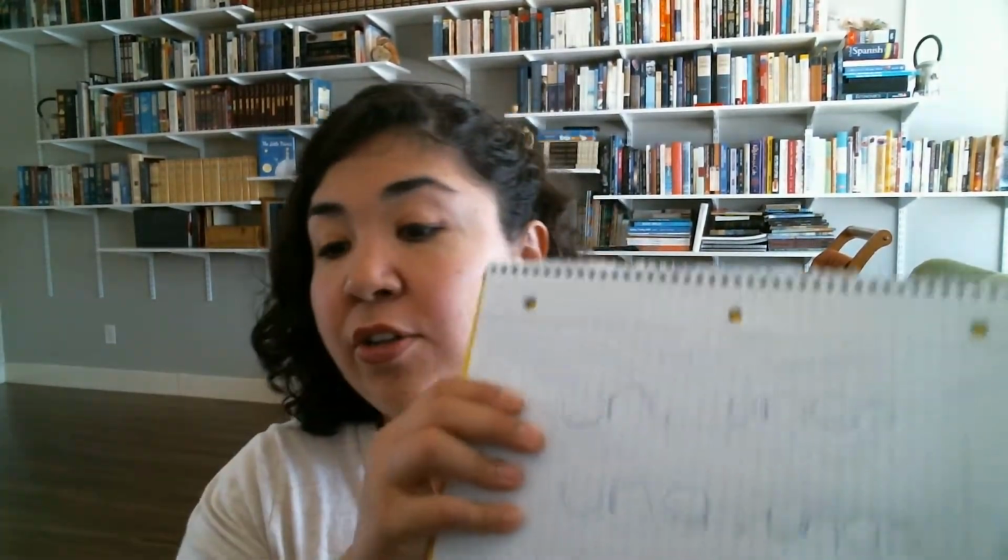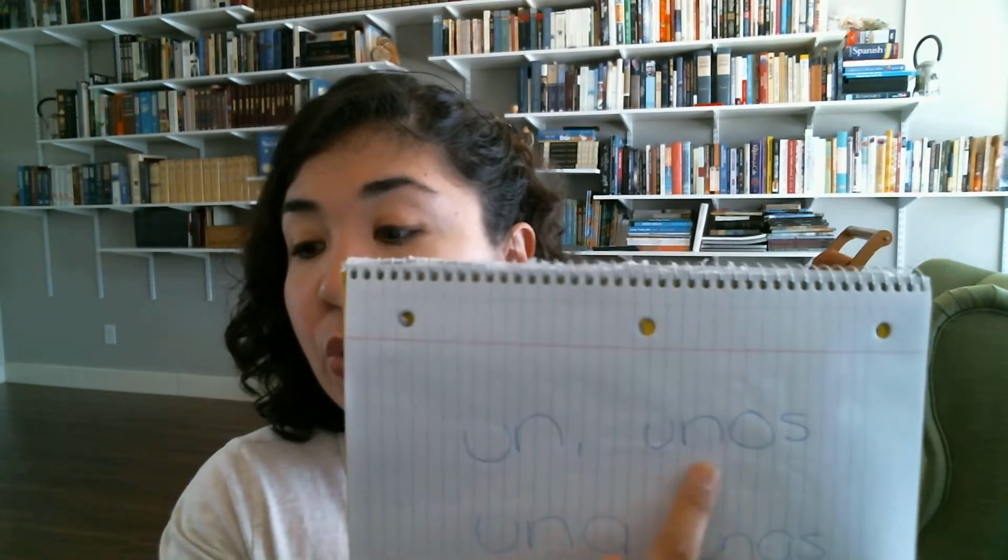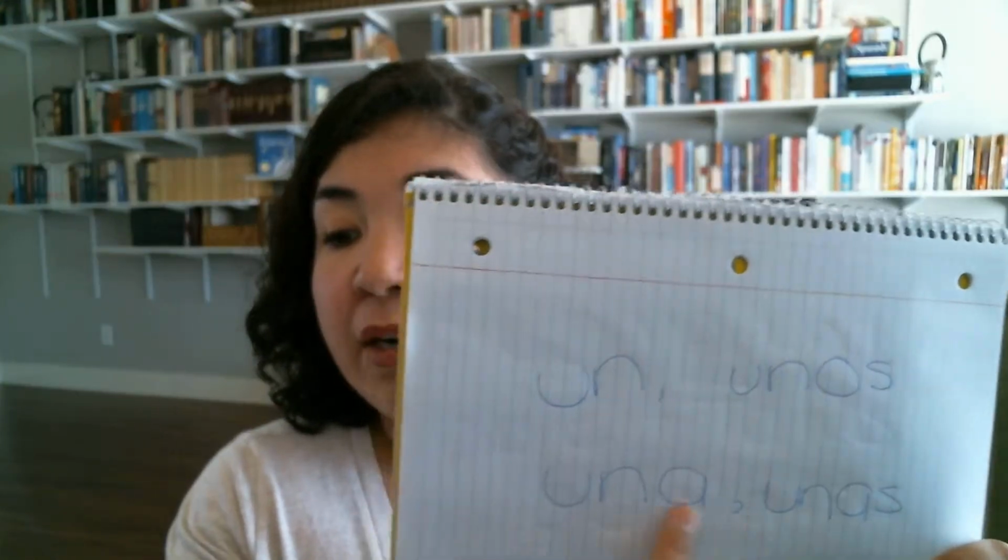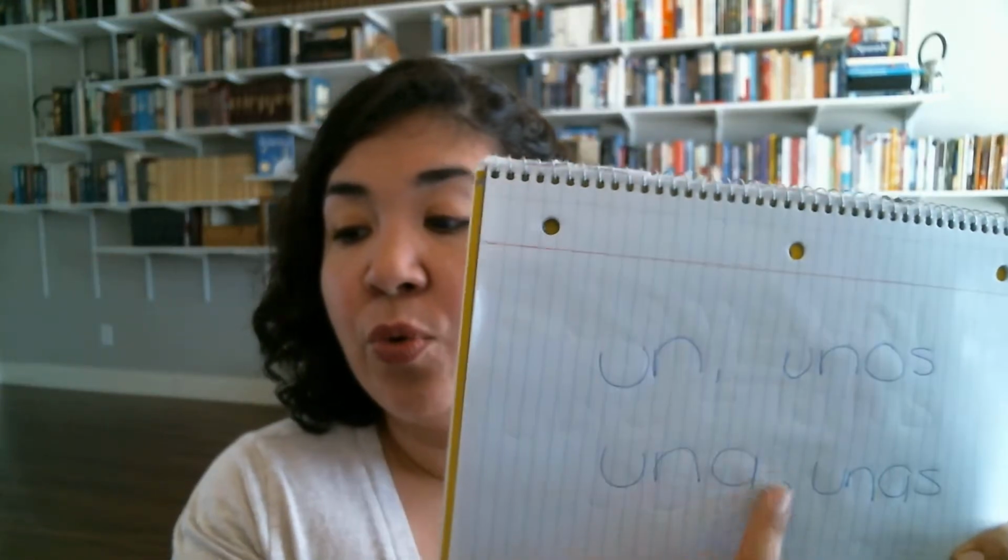Well, something else that I wanted to mention, I went through it a little bit when I was telling you about changing to plural, was the indefinite articles un, una, unos, unas. In English, you have two indefinite articles, right? A or an.